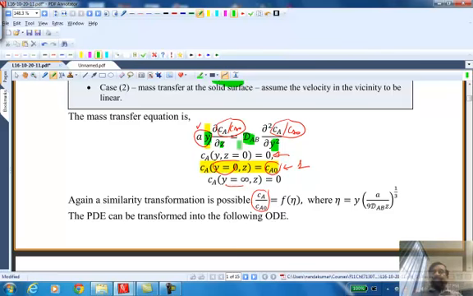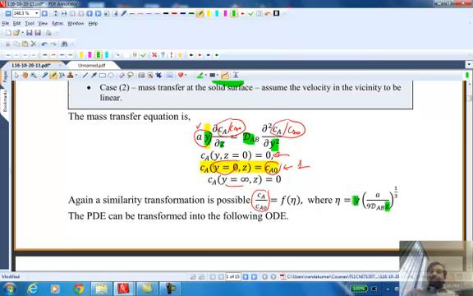And a also on the other side. So eta is defined as y times (a divided by 9 D_AB z) to the power 1/3. Okay, so the power 1/3 comes from visual inspection, but if you want to do it the proper way by letting these exponents be unknown factors, you can also achieve the similarity transformation for even more complicated problems. Here it's a fairly simple one by inspection.